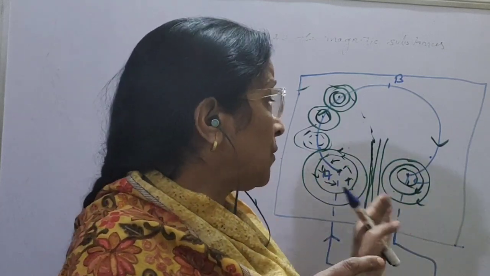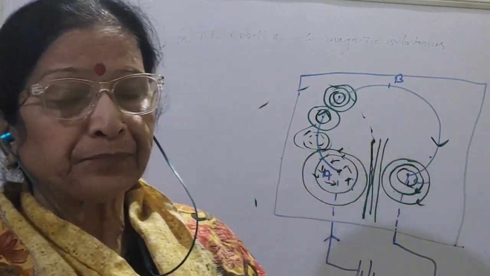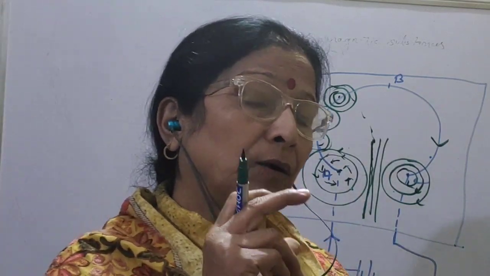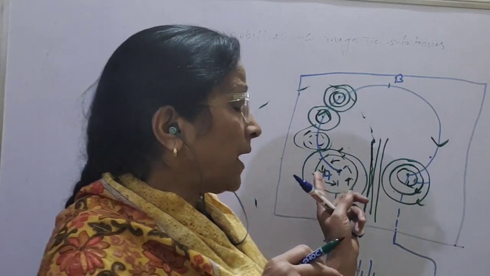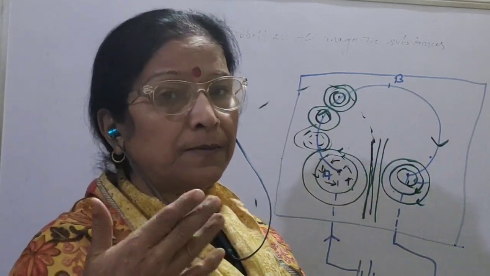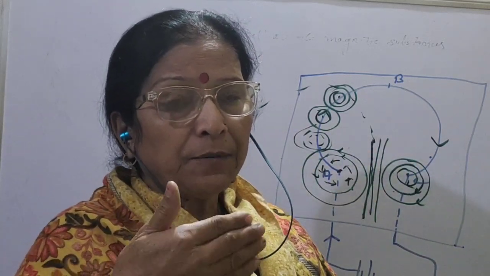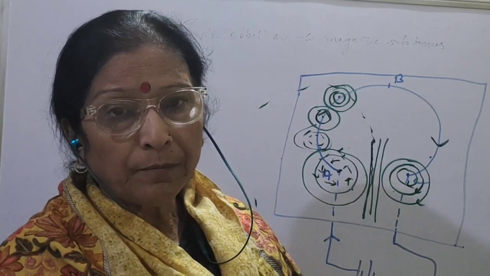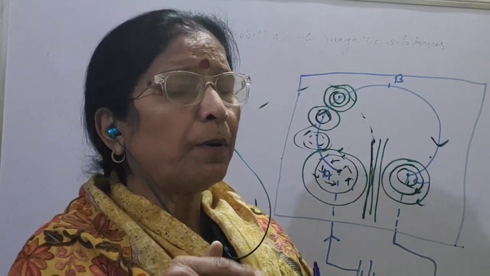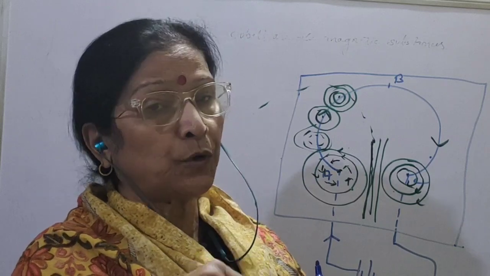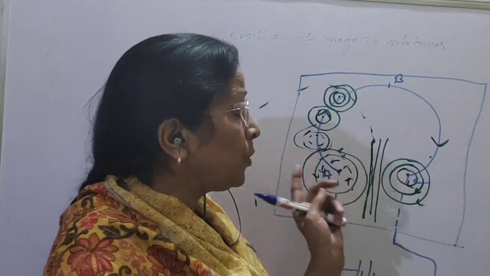So that's all children for this video. Finally, a current carrying loop behaves like a more powerful magnet, or a more powerful magnetic field is produced around the current carrying loop.